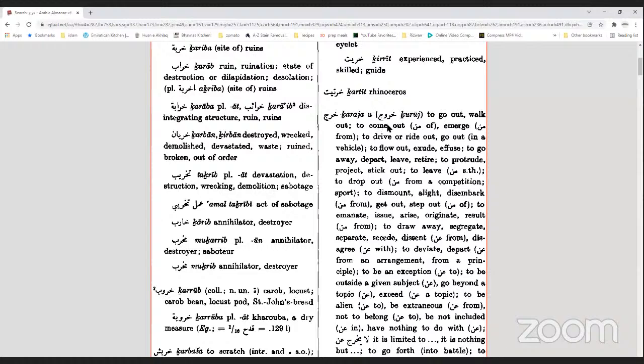And what is the masdar? Masdar, also see, now you can see here. What is the masdar? Khurujun. And in the conjugation, you will use the mansub form of it.